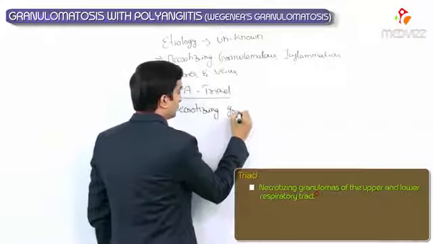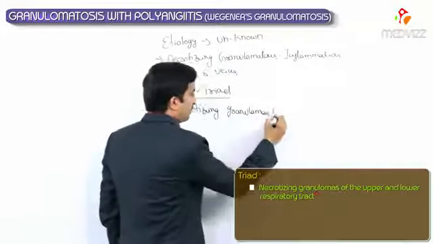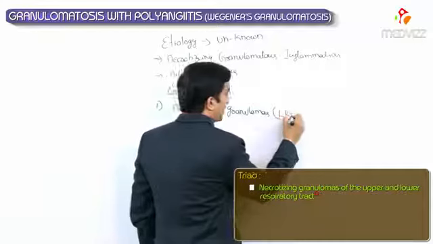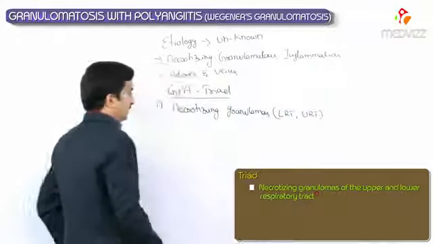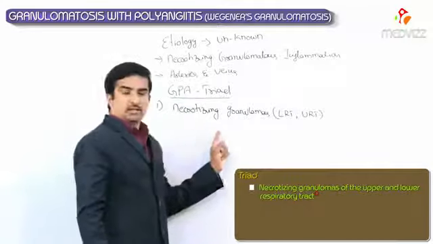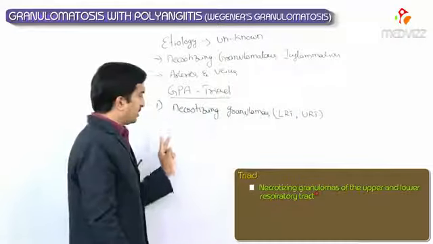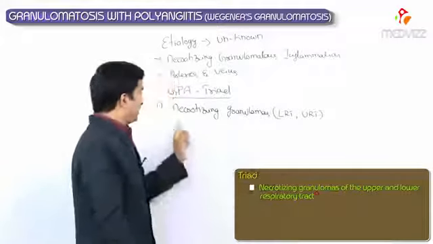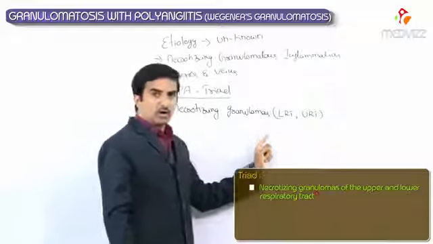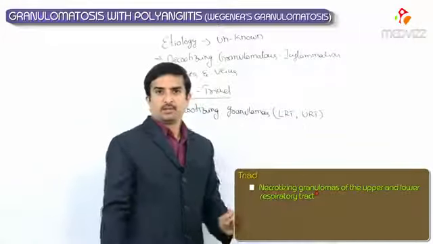The first clinical manifestation in Wegener's will be necrotizing granulomas of the lower as well as upper respiratory tract.